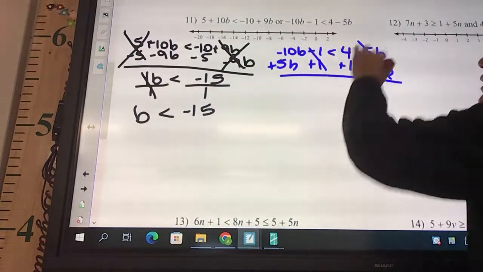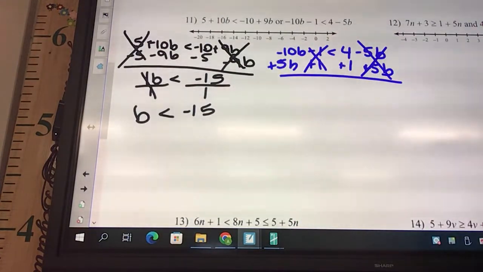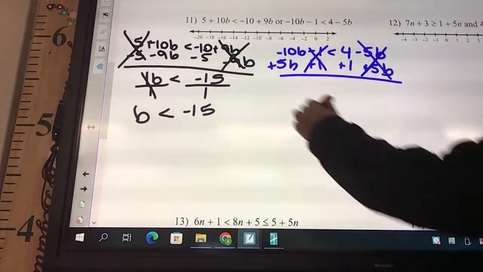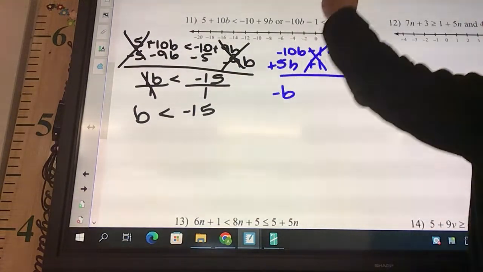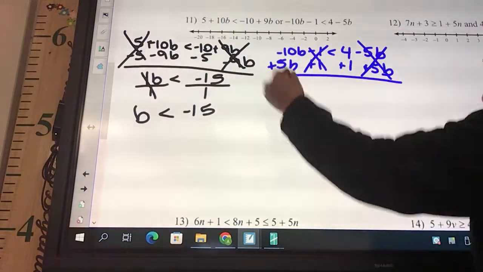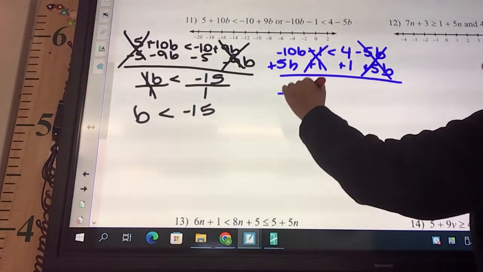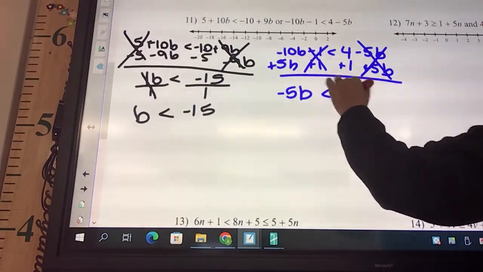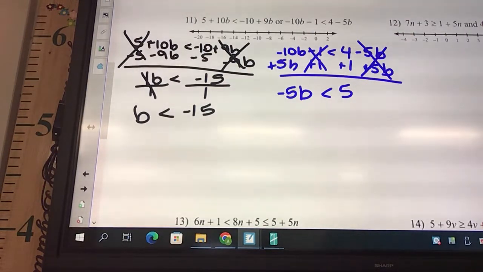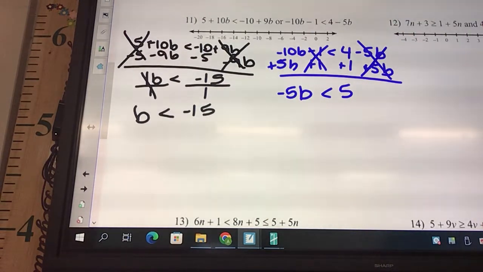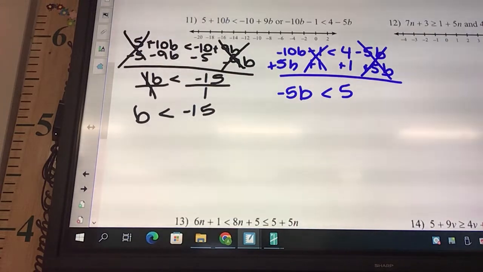And then the 5 needs moved as well. Okay, so you're going to get a negative 5b. Oh my gosh, what is it with me today? Negative 5b, and that's going to be 5. Do we need to flip?